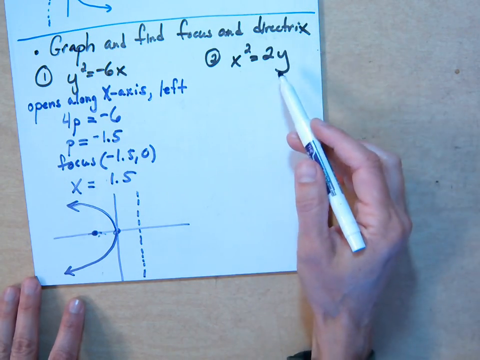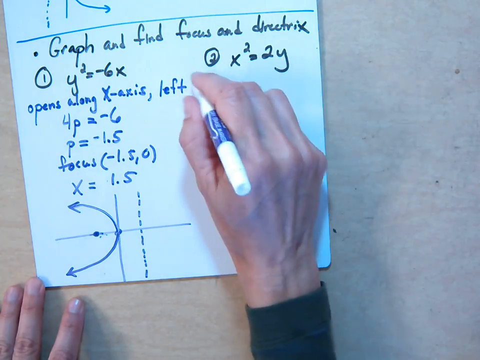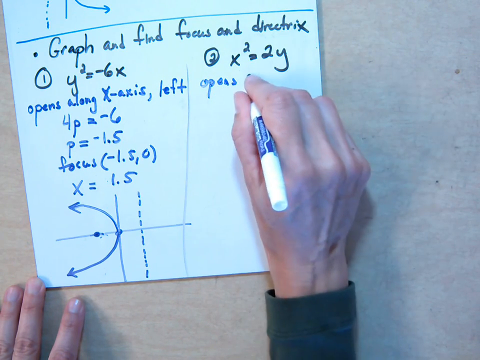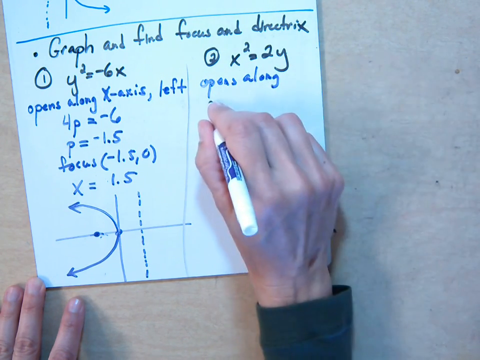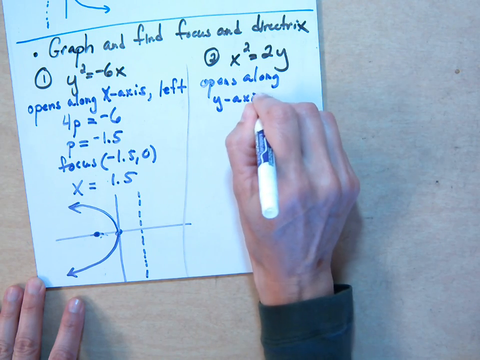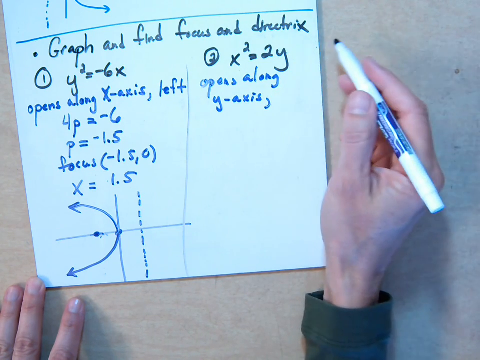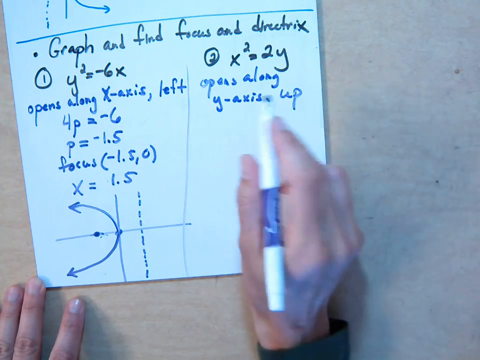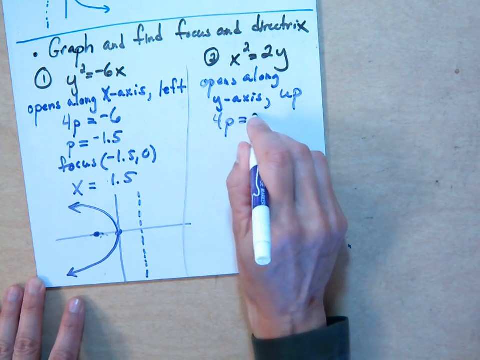So then for this one, since it's x squared, it opens along the y-axis. And up or down? Up, because it's positive. 4p equals 2.